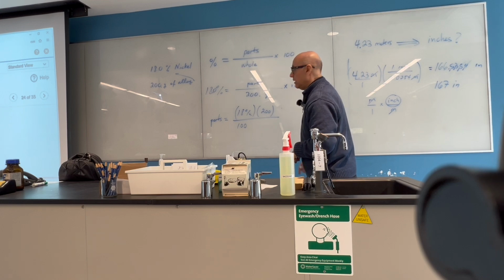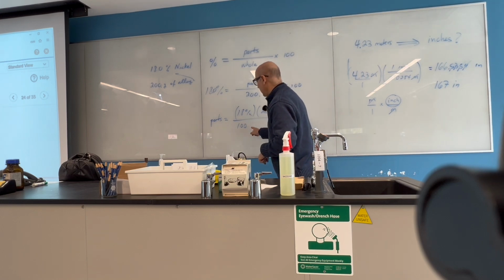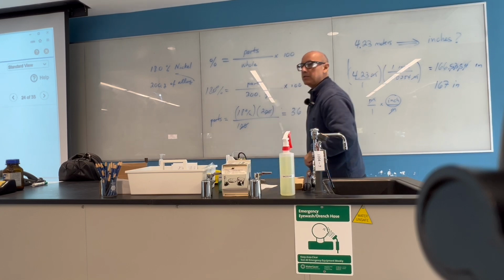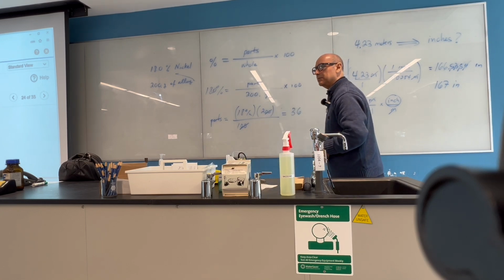So now, if we multiply 200 by 18 and divide by 100, I'm going to simplify it by just going like that and like that. 200 divided by 100 is really 2. And then 2 times 18, 36. That's what you suggested, right?